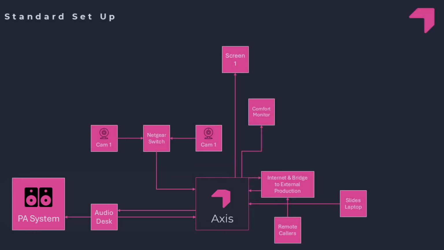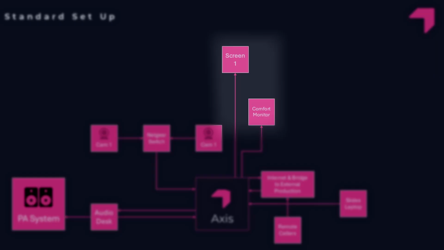And this can either be hardwired connections or via Dante if you have installed a Dante Virtual Soundcard. There are 2 outputs to physical screens. And screen 1 here, let's assume that's the projector screen or whatever is behind your talent, that is coming from the SDI output of the Axis. And it can decode any NDI format that you would like that is within the network. And the same is true for the comfort monitor. Equally, it's really important to remember that all of these feeds can be anything you would like.